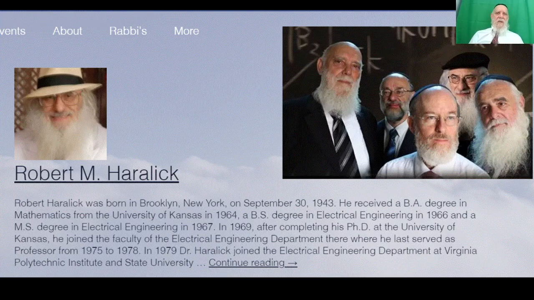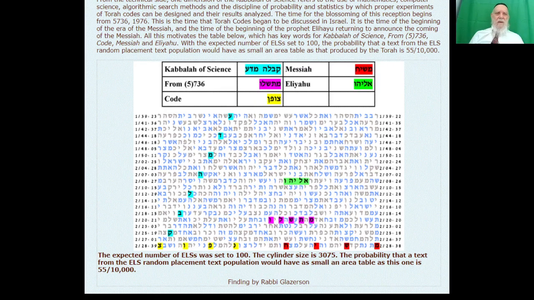So, a very interesting and important table, because this clearly shows that the Bible code is often the Messianic code, and that the discovery of it is really in this area.